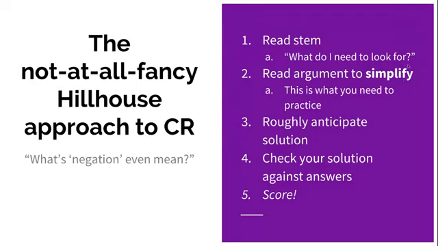After you read the stem, after you know whether you're looking to strengthen something or weaken something or find out the part of an argument that appears in a certain place, then you read the argument with that in mind, and you're reading it in order to simplify the stem or the argument.